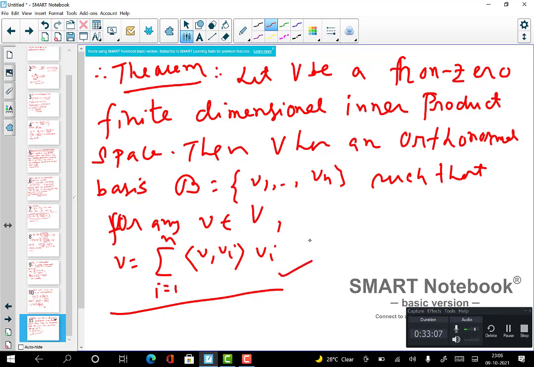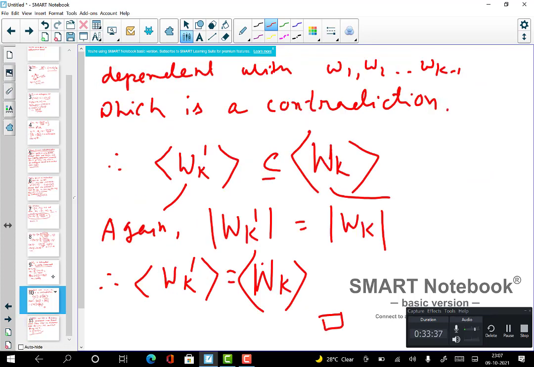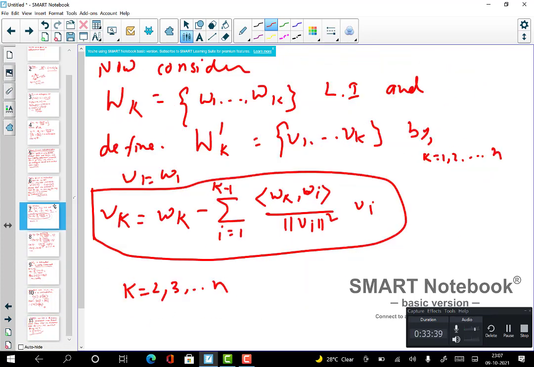Now the Gram-Schmidt process tells me that whenever you have a linearly independent set, you can convert it into an orthogonal set. In particular, when you have a finite dimensional vector space with a linearly independent basis, you can convert it to an orthogonal basis using the Gram-Schmidt method.